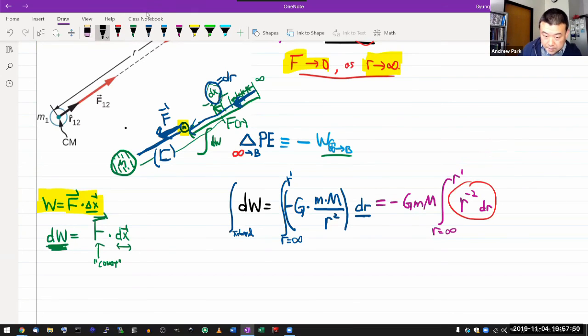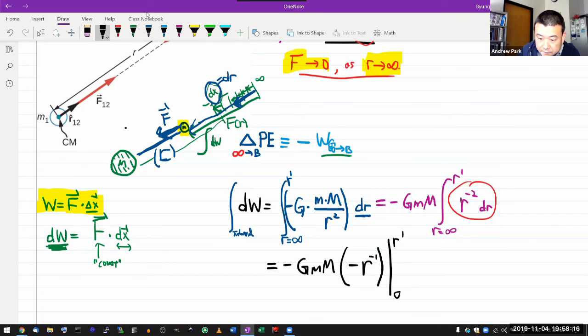So with that, what we get for this integral is minus G m, times the antiderivative, minus r to the power of minus 1, evaluated at the limits r prime and infinity. So finishing writing this out, it's minus 1 over r prime, and minus minus, so plus 1 over infinity.